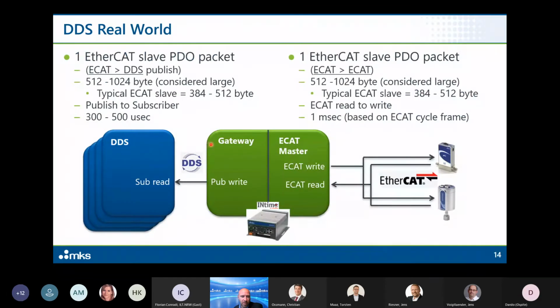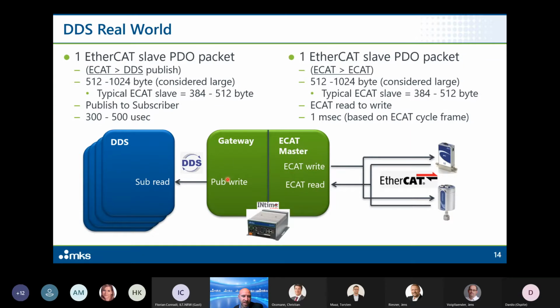So inside our gateway, you can see here we've divided the left-hand side from the right-hand side. On the right-hand side, we have the ECAT side of the device, where we're interacting with the devices. So we're writing data to the devices for control, as well as feeding data back into the EtherCAT master here.